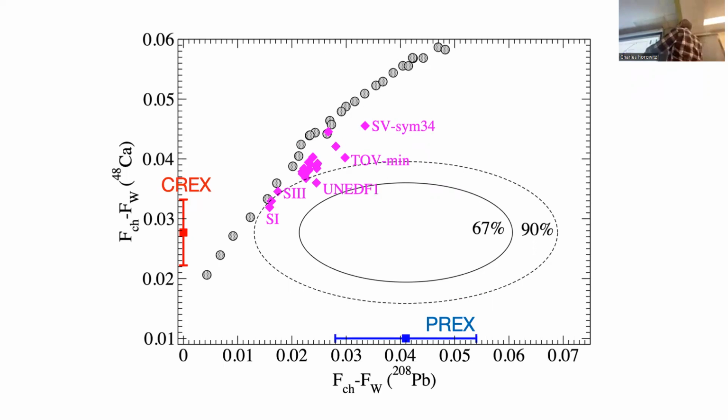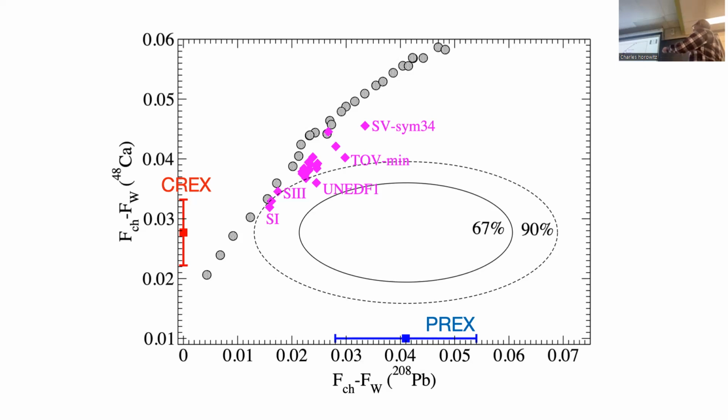And then here are a whole bunch. The black is this crazy big family of relativistic mean field interactions with an incredibly small symmetry energy. So the density dependence of the symmetry energy here is actually negative, which is crazy.